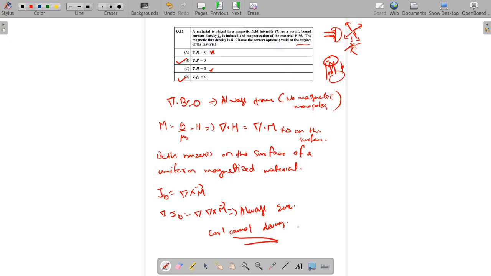This is also true always. So that gives us options B and D as true at the surface of the material, and A and C are not true because there can be a divergence in the magnetization M as well as H.